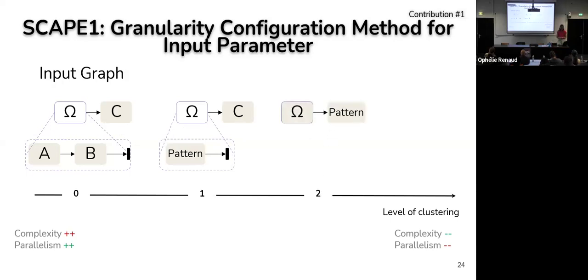Level 2 of clustering corresponds to grouping the subgraphs coarsely, and then identifying a particular pattern on the top graph. And the last one consists in grouping the entire graph into a single actor omega, which sensibly facilitates the mapping but makes the application fully sequential.